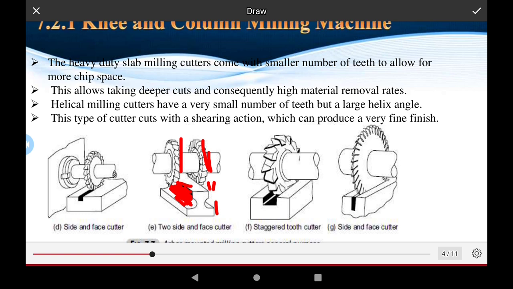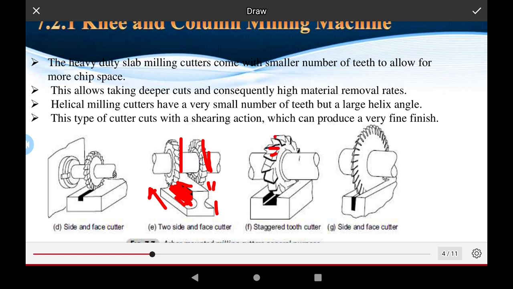The tool moves in the clockwise direction, and the workpiece is pressed in the direction opposite to the tool motion. Some of the other cutters have teeth at an angle.